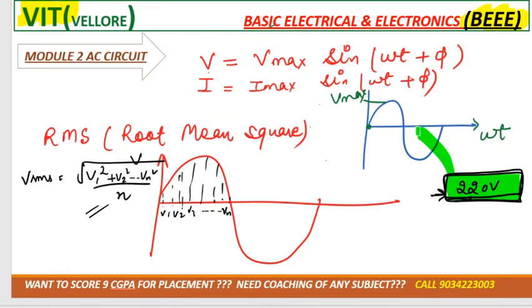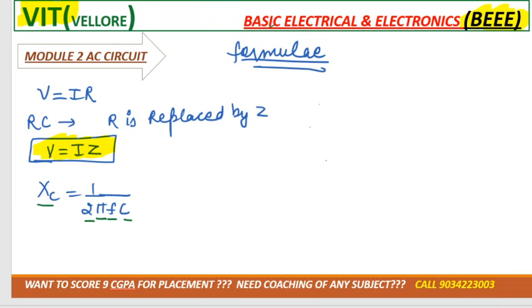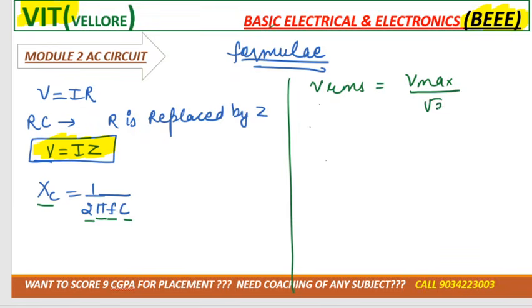According to you, is this VRMS or Vmax? Yes, correct, this voltage is VRMS. So for calculation we always use VRMS, and there is one relationship that you can write down in the formula page also: VRMS would be equal to Vmax divided by root 2.